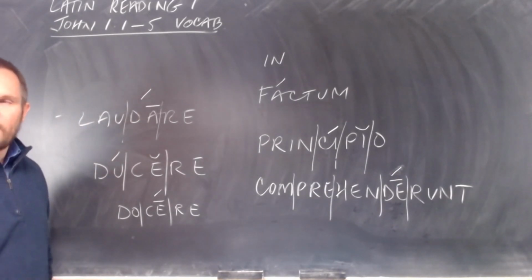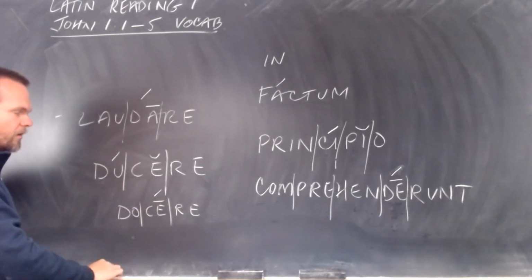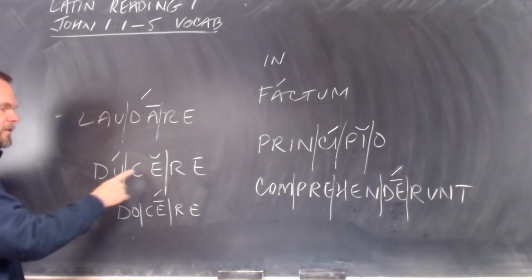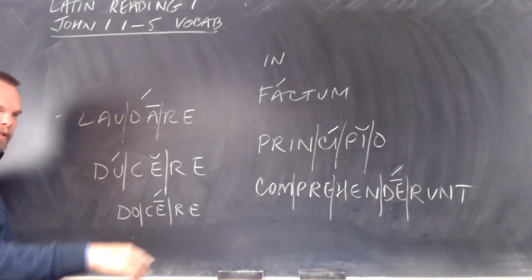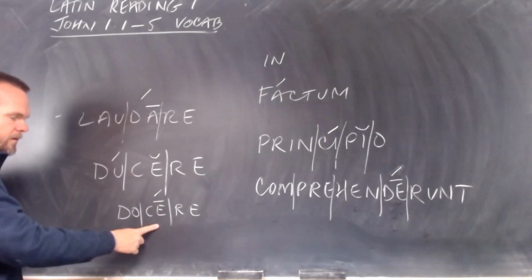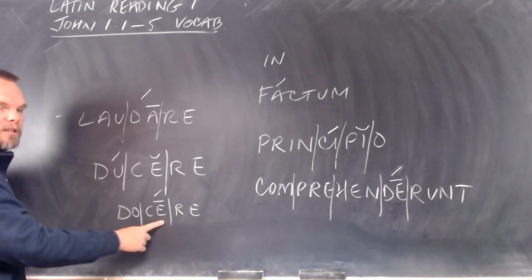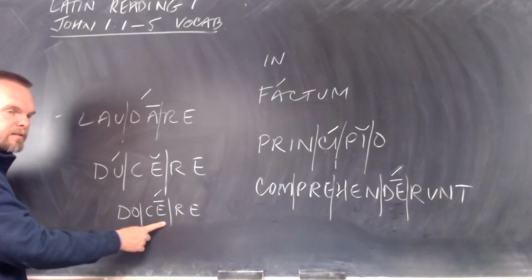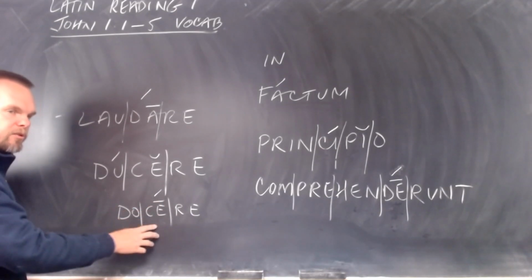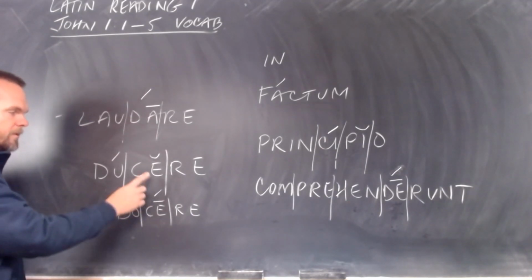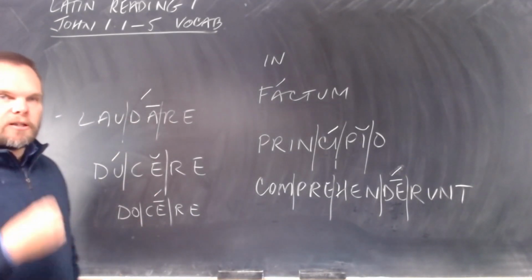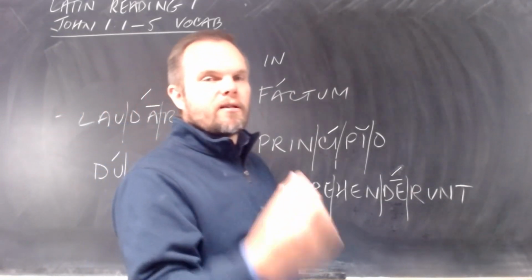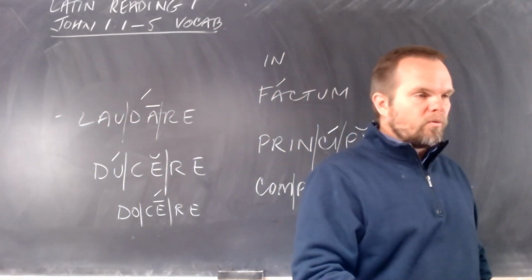And the reason why is because the vowel in this verb is short because it's third conjugation. You'll learn about that later. The vowel in this second to last syllable is long because it's second conjugation. Again, you'll learn about that in grammar. But that's why the pronunciation is different. It has to do with the length of the vowels in the words.